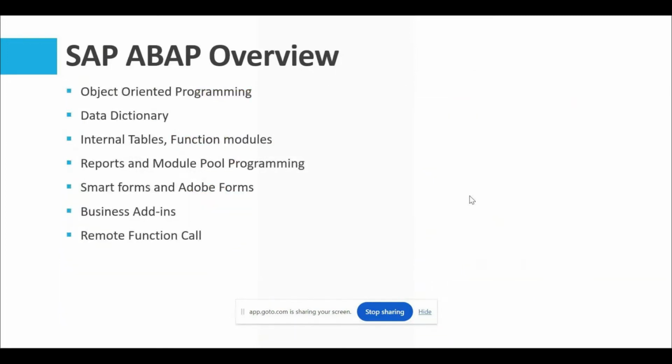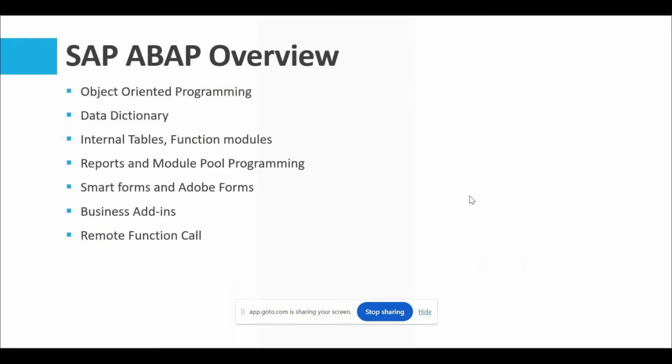Now, since we will be looking into the technical aspect of SAP EWM, I will try to cover some of the above objects which could be helpful in SAP EWM.